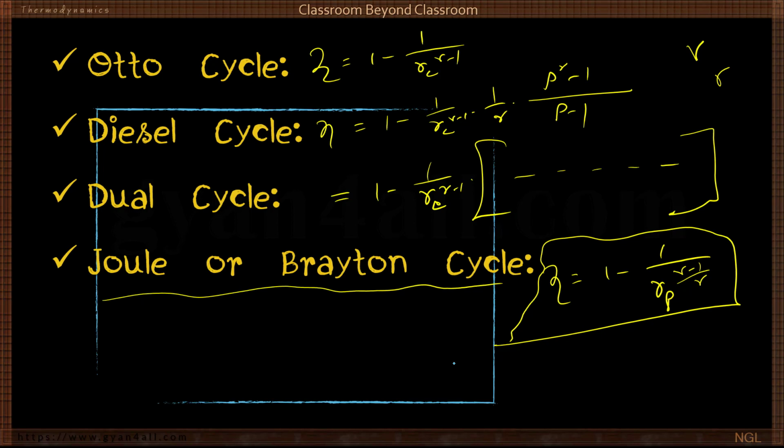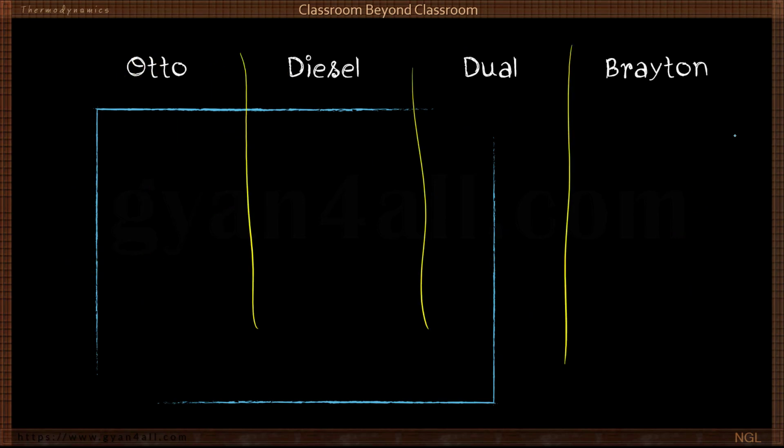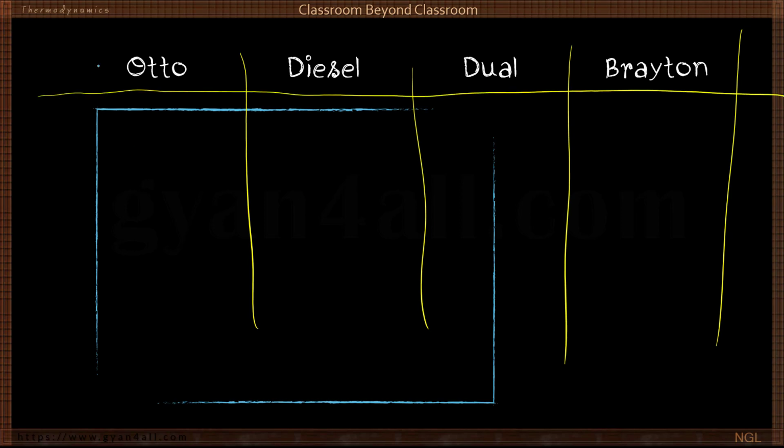Now can you tell me what is the difference between the Otto cycle and the diesel cycle? At least one difference. From the heat addition point of view, you tell the difference. So Otto cycle, diesel cycle, dual cycle, Brayton cycle. If we try to make some comparison, first heat addition.